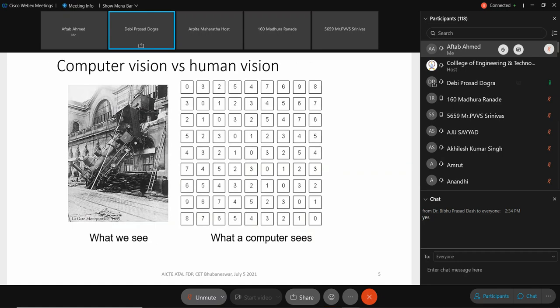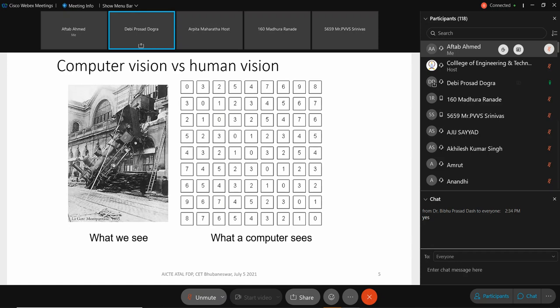Now, if you look into how it varies between human vision and computer vision, the left side is an image, and that is what we see. Whereas the right side is nothing but a two-dimensional array of numbers arranged in a particular order, and this is what a computer sees.